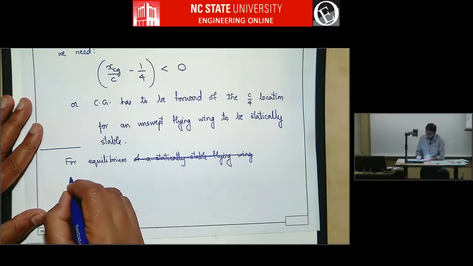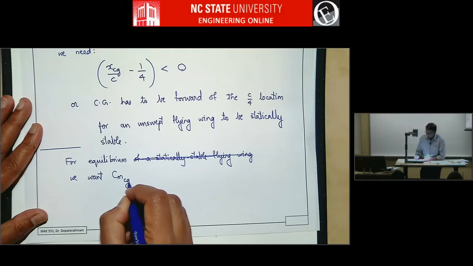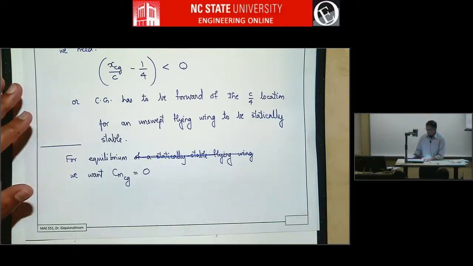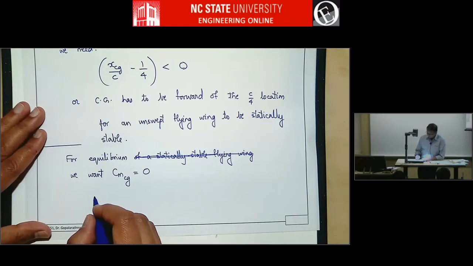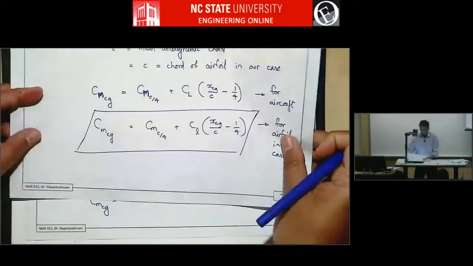For equilibrium, we want CmCG equals 0. Now, even without talking about a flying wing, we can ask, what is CmCG? We just wrote that equation like 3 pages back. CmCG is this.